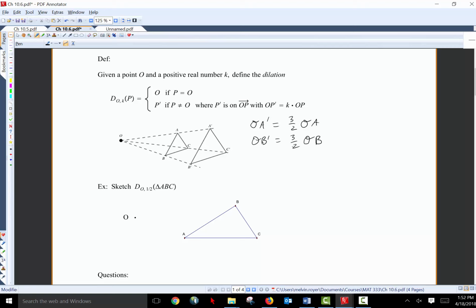And not just for this triangle, every point is getting moved. So if I went out to the left of point O, these are all getting moved 3/2 away from the origin along the same ray. It's like the whole world is expanding around the origin.